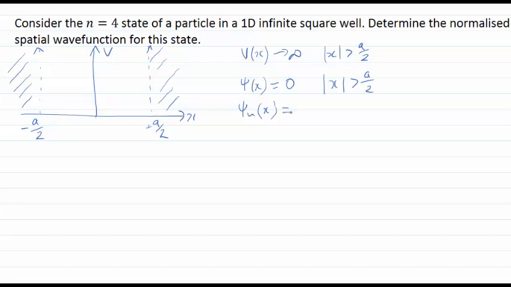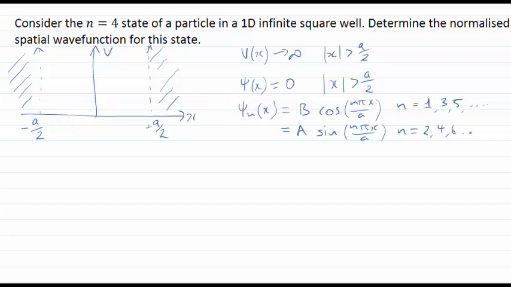One set of them we might write with some arbitrary constant, capital B, multiplied by the cosine of n pi x divided by a, where n is an odd integer: 1, 3, 5, 7, etc. And there was another set of solutions with another arbitrary constant, capital A, multiplied by the sine of n pi x divided by small a, where now n is an even integer.